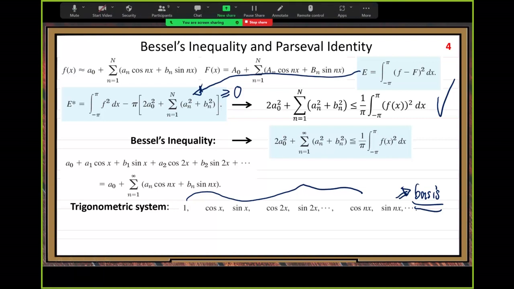So here, I'm talking about a property called completeness.